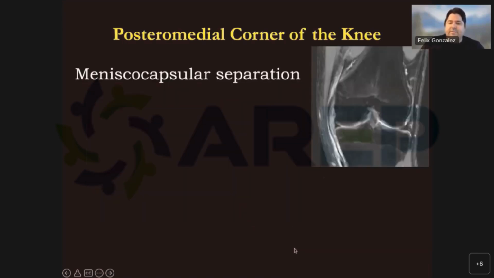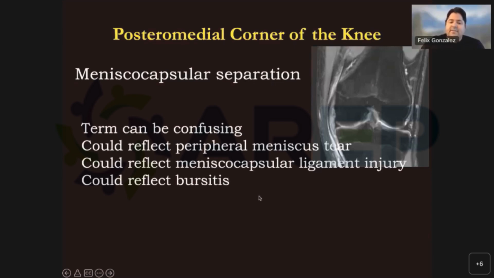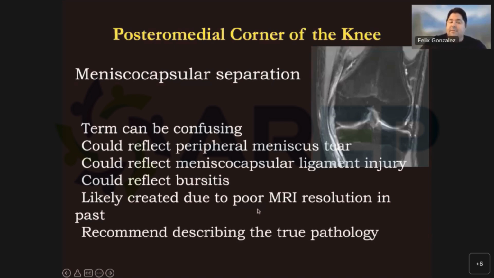So you can have an isolated injury as well. So meniscal capsular separation, that's a term that a lot of people use here in the United States. Sometimes it can be confusing because it could reflect other etiologies such as peripheral meniscal tear. It could reflect meniscal capsular ligament injury. It could reflect bursitis. Likely it was created due to a poor MRI resolution in the past.